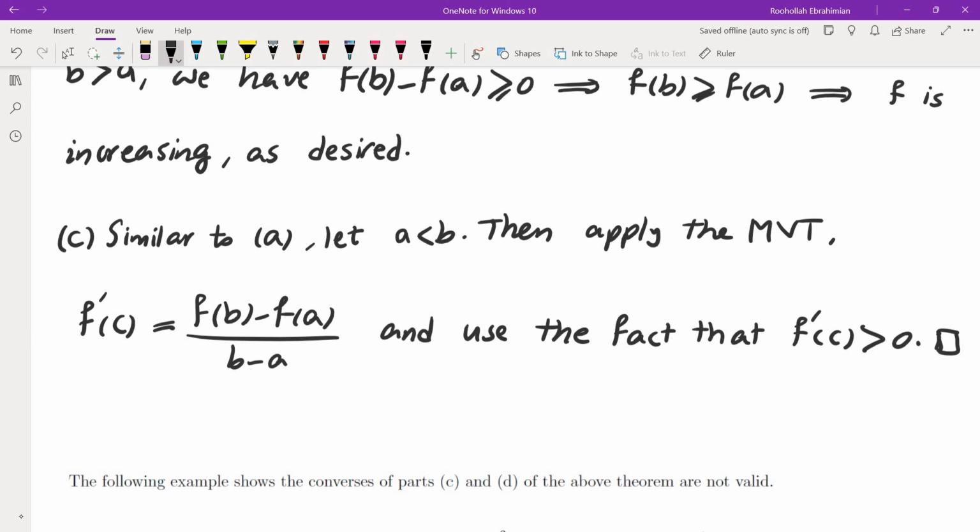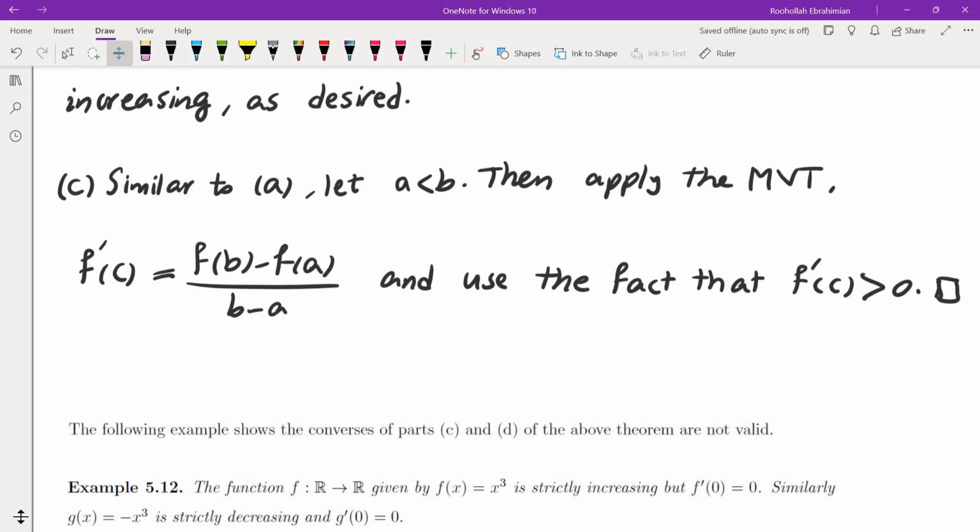So it's really an identical proof, except you have to change the inequalities.